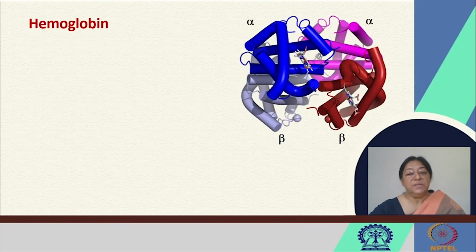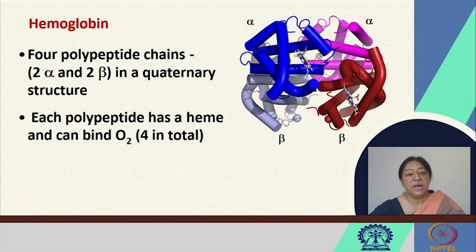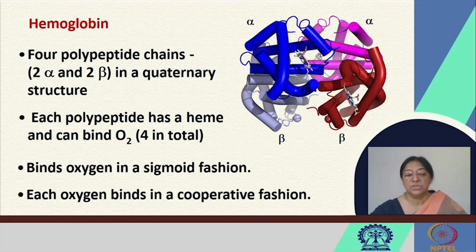The two alpha and two beta subunits make up the four polypeptide chains in the quaternary structure of hemoglobin, which means there are four heme moieties and each of them can bind an oxygen.